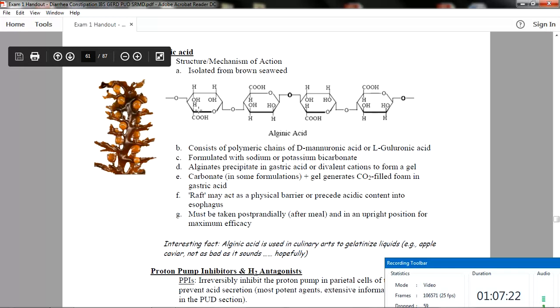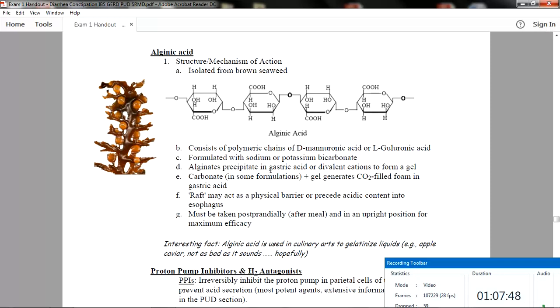Okay, it's polymeric chains of D-mannuronic acid and guluronic acid formulated with sodium or potassium bicarbonate. So it's an antacid. We have an antacid in there, which is the bicarbonate, but the alginates precipitate in the gastric acid. They gelatinize in the gastric acid or divalent cations to form a gel.